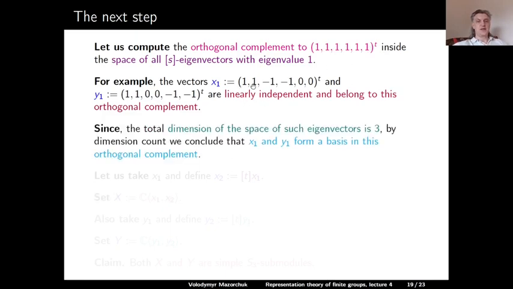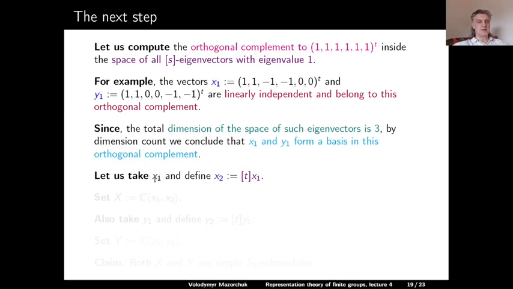Since the total dimension of S eigenvectors with eigenvalue 1 is 3, it follows that x1 and y1 form a basis in the orthogonal complement to 1, 1, 1, 1, 1, 1 inside the subspace of all S eigenvectors with eigenvalue 1.